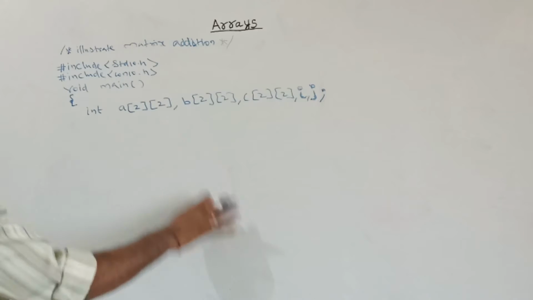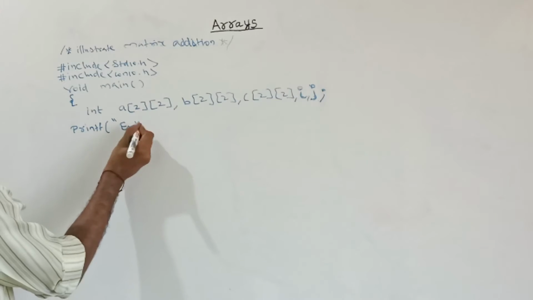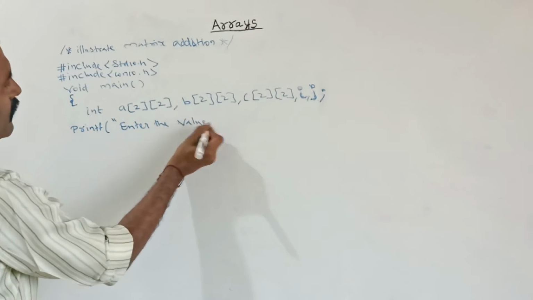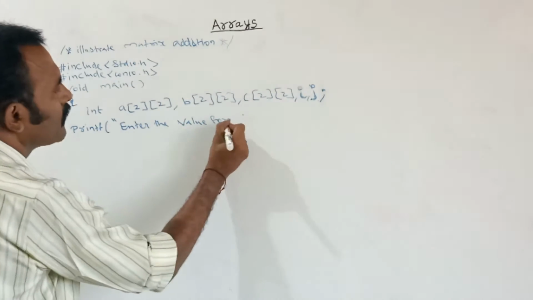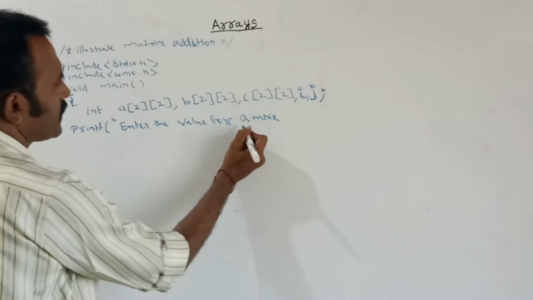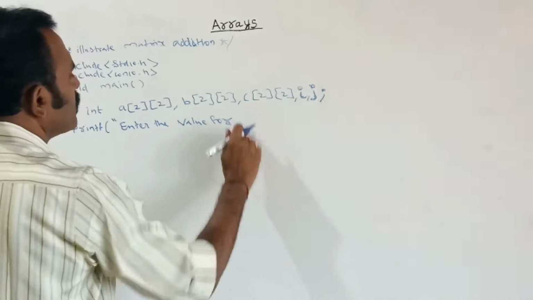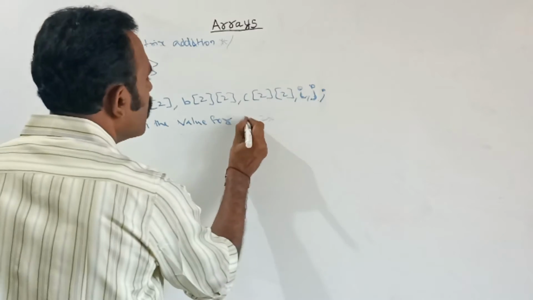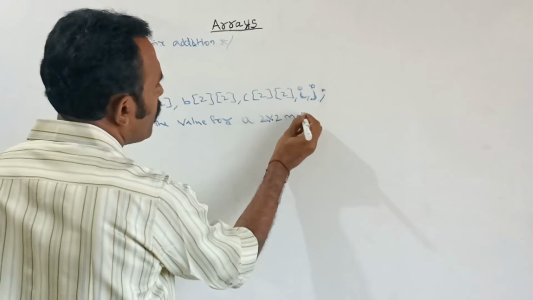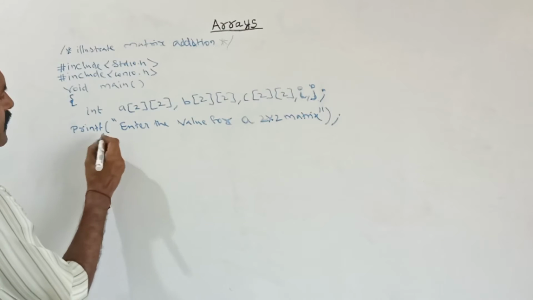See here printf, enter the value for A matrix, that is A 2 cross 2 matrix. Here I am using the for loop.